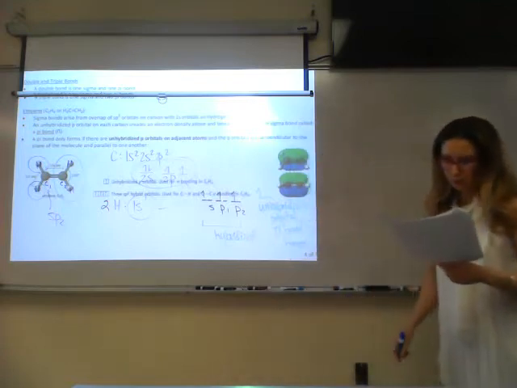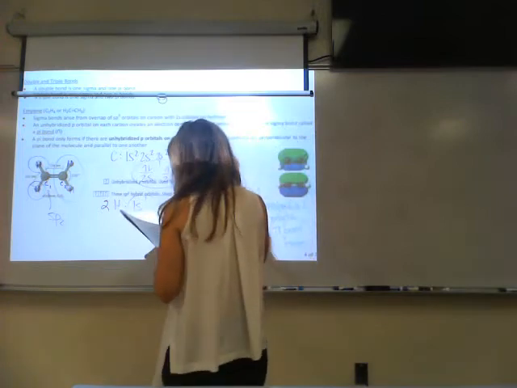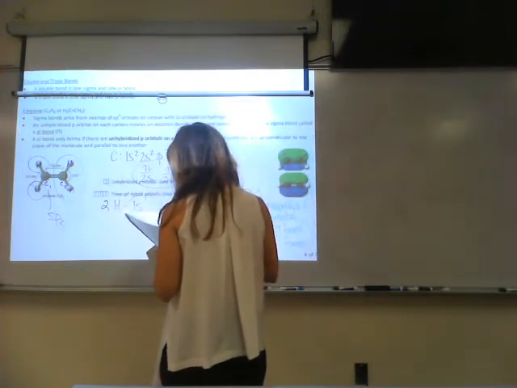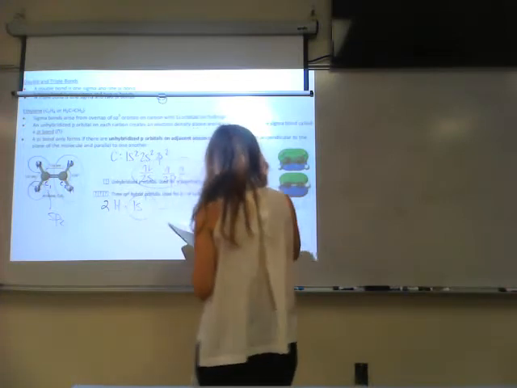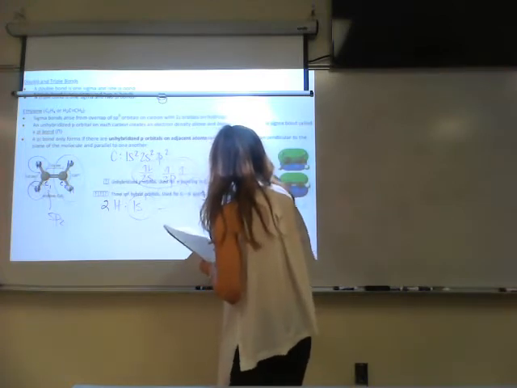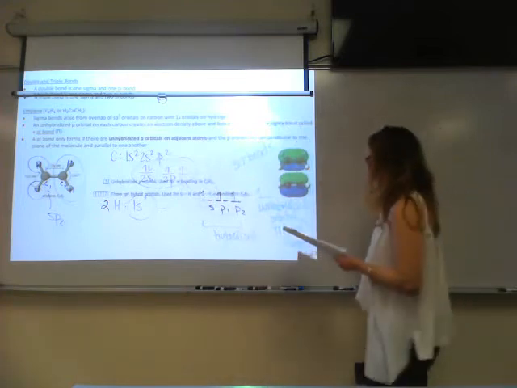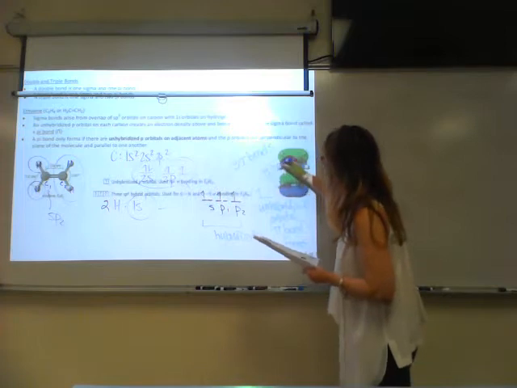So we have our carbons, and we have 2 carbons. Regardless, you're going to end up getting your 3 sigma bonds from here. And then you're going to end up using this to form your 1 pi bond.